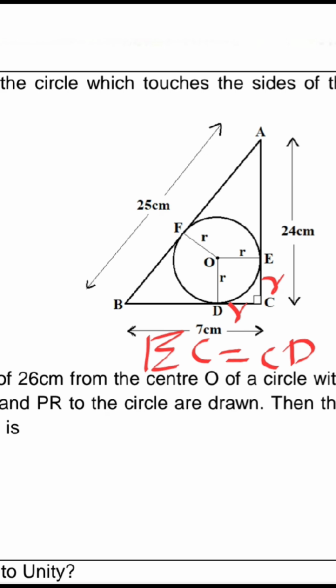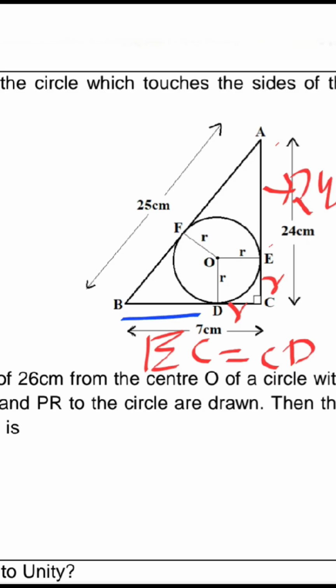So if it is r and it is r, what is left of the AE portion? AE portion from here to here, A to E. This portion's total length is 24. 24 minus r. This portion is 24 minus r. And similarly here the BD portion.